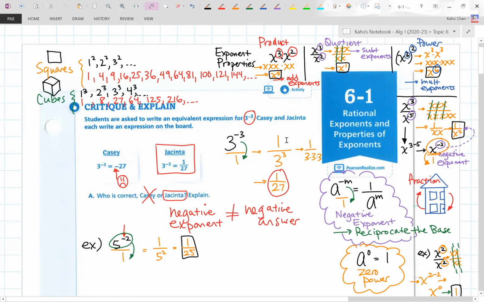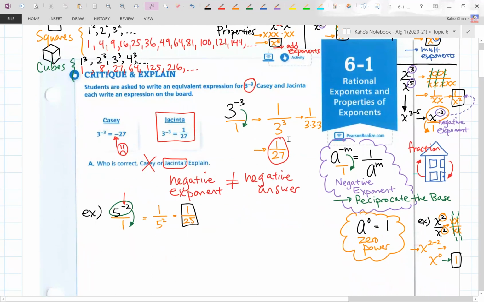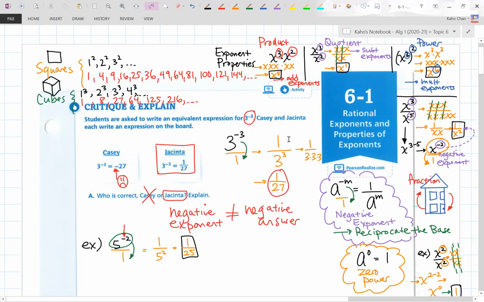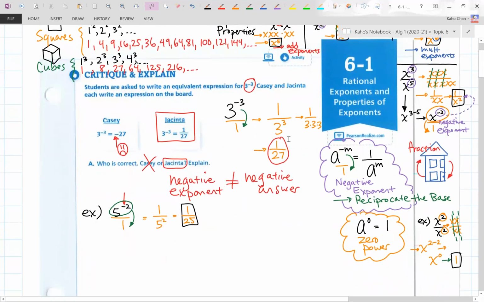Product, quotient, power. We have negative exponents, and we have 0 exponents or powers, okay? And by the way, those are the same words. Power and exponent mean the same thing, and I apologize if I neglected to say that. Powers and exponents are the same.